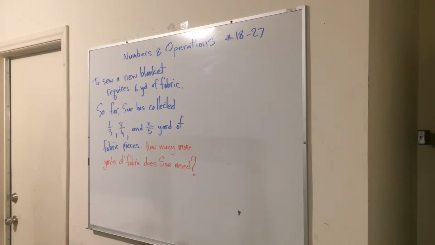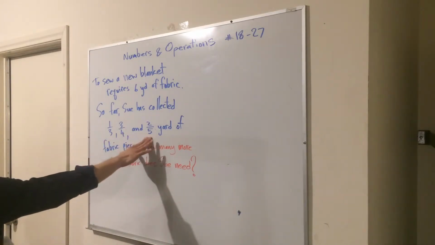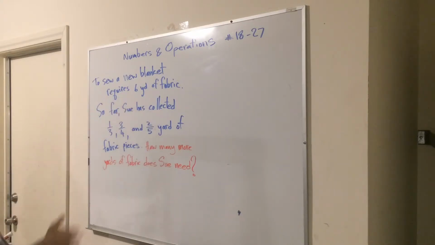How many more yards of fabric does Sue need? So here I have 3 pieces, and I'm going to add them up to see if it's enough to make a new blanket.